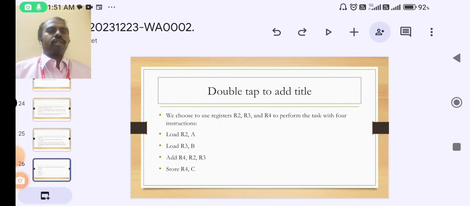It means R2 and R3 are added and their value is moved to the register R4. Then finally we store the value of R4 to C. Here in this instruction set, the load instruction has the format of destination comma source and the store instruction has the format of source comma destination.